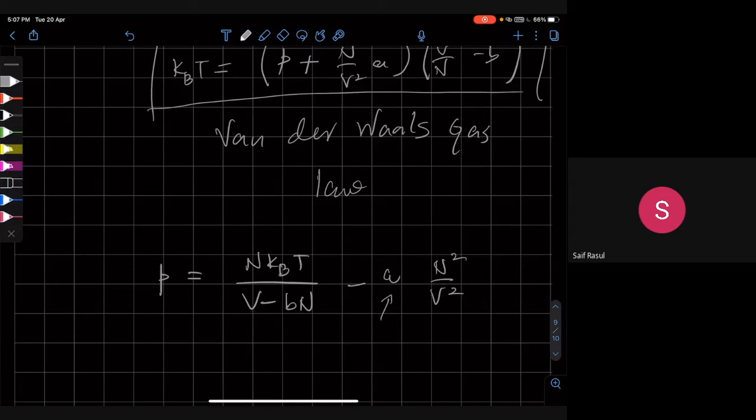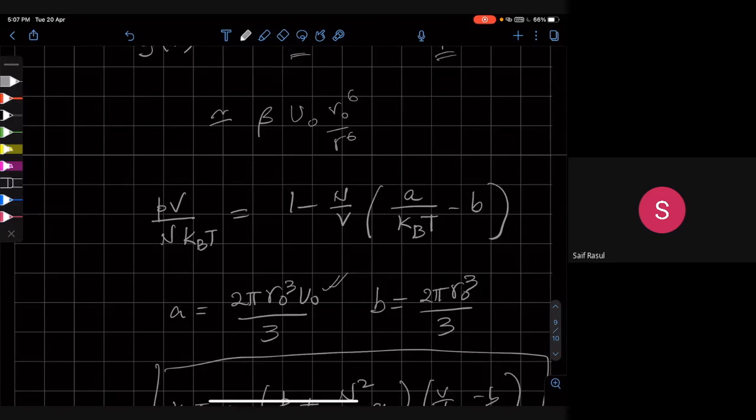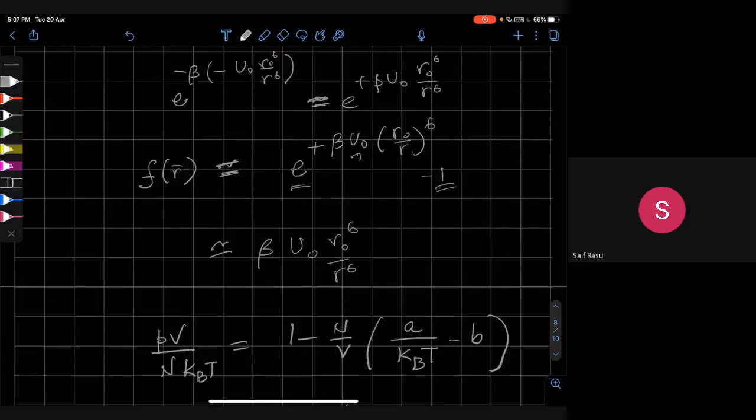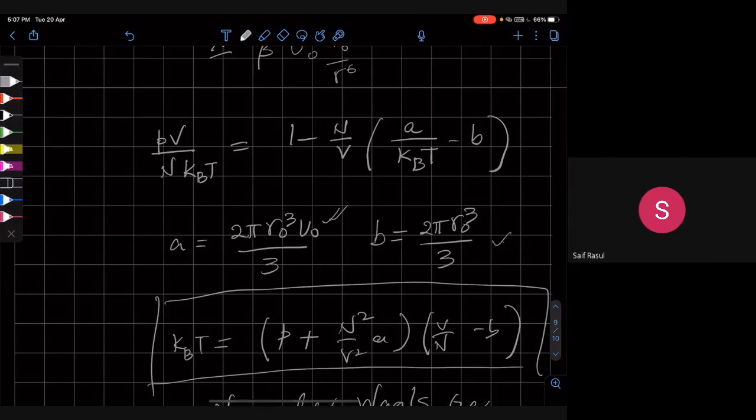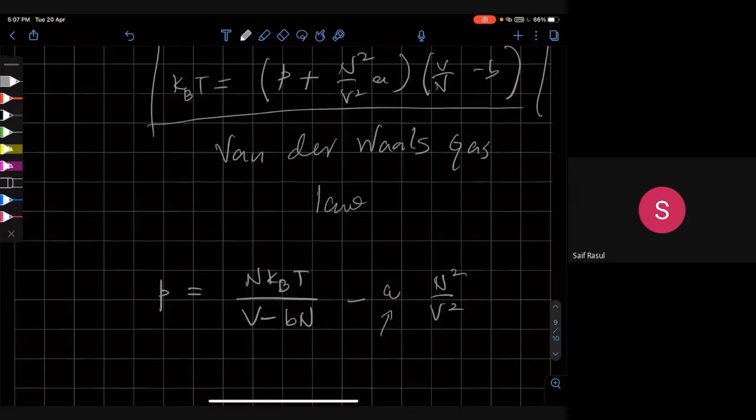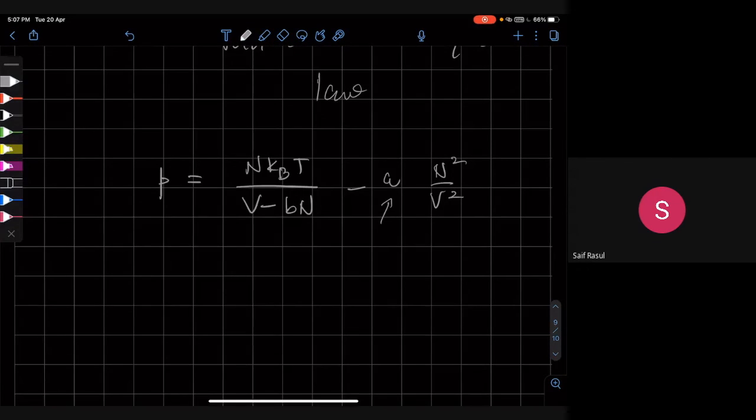Whereas B encodes just the r naught. What B does is that it encodes the repulsive core of the gas. And from here, because there are N gas molecules, we see that it decreases the volume, right?